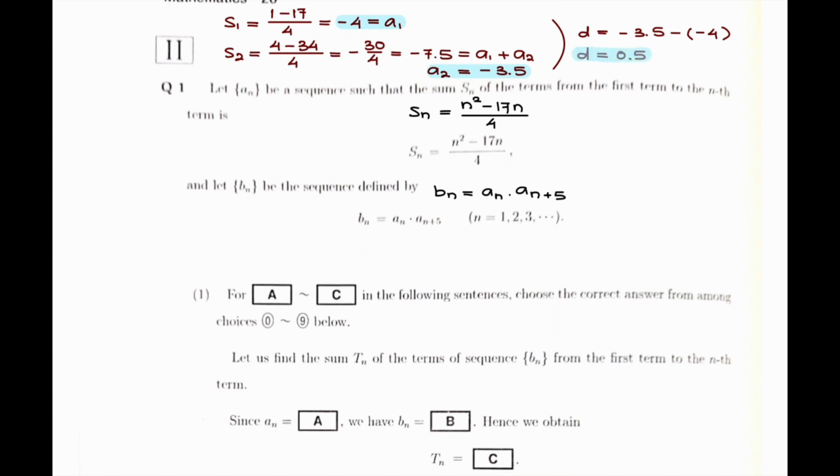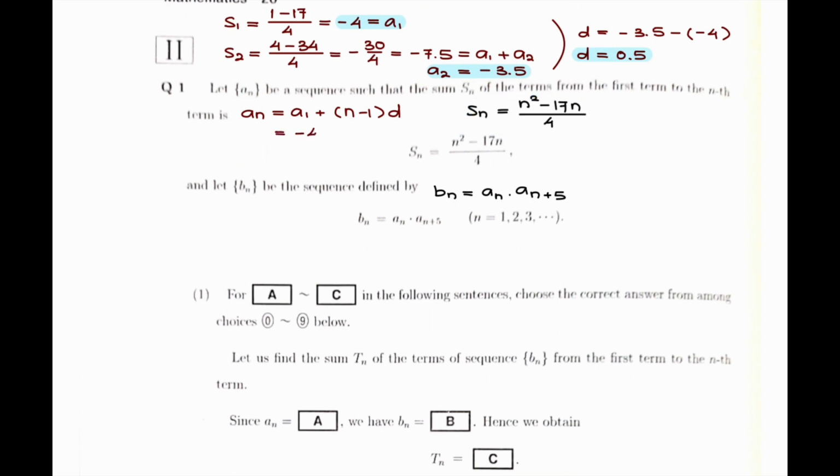After I got the common difference and I know the first term of this arithmetic progression, I can find the formula of AN. In arithmetic progression, AN is equal to A1, the first term, plus N minus 1 times D. D is basically the common difference.